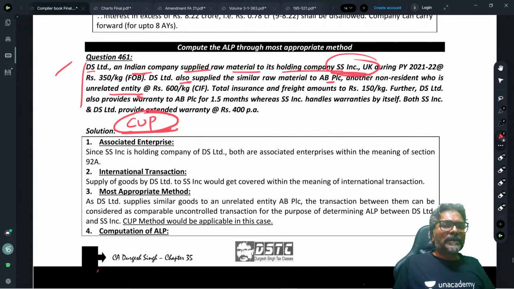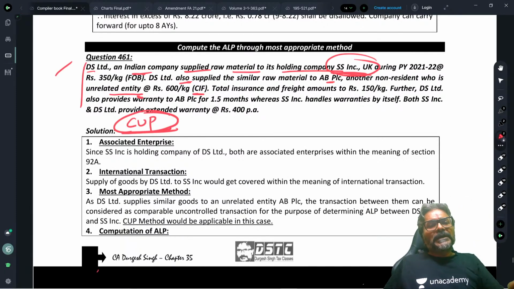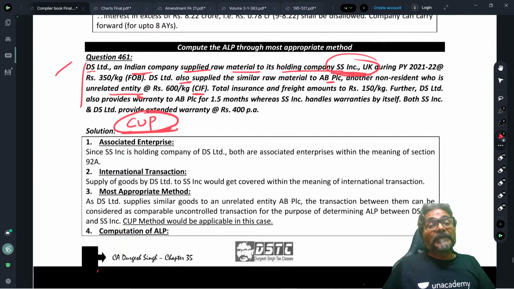Now please tell me which is the uncommon factor. The first one, CIF. In the case of the uncontrolled transaction, the price which has been charged is inclusive of insurance and freight.